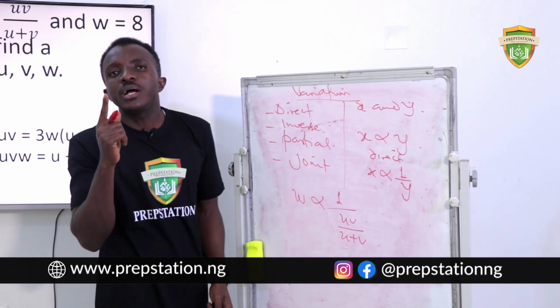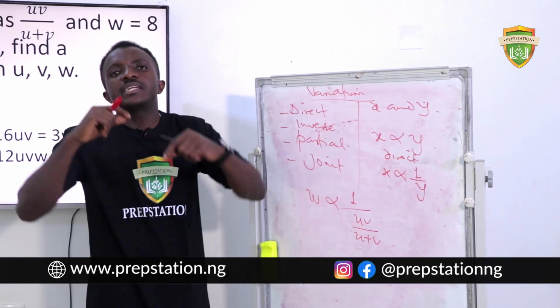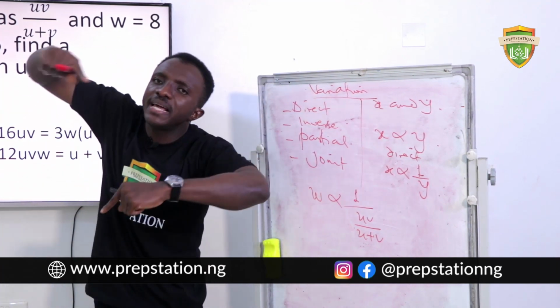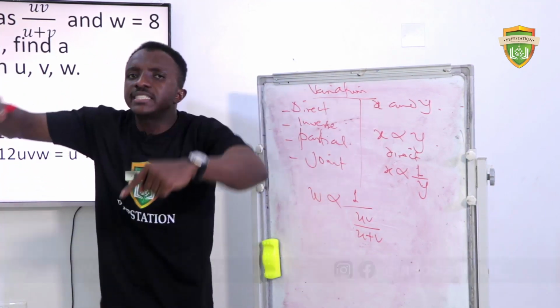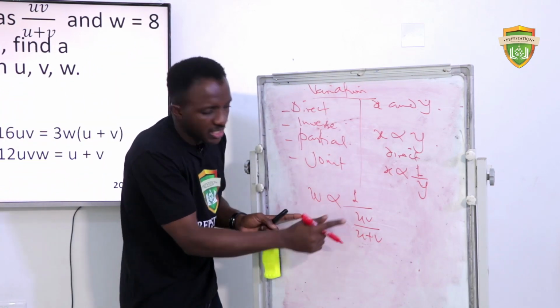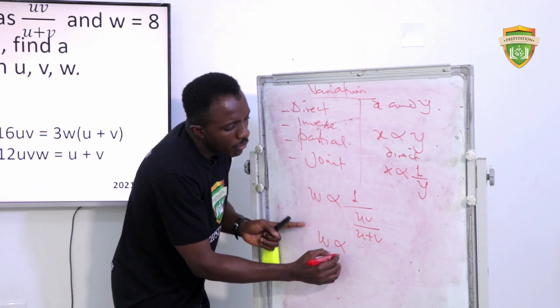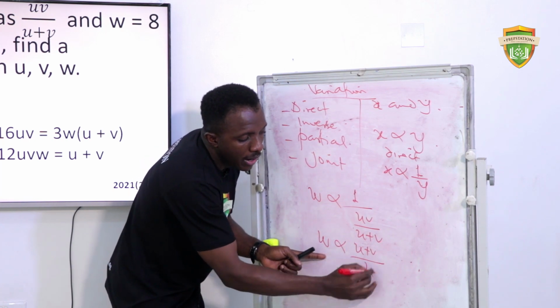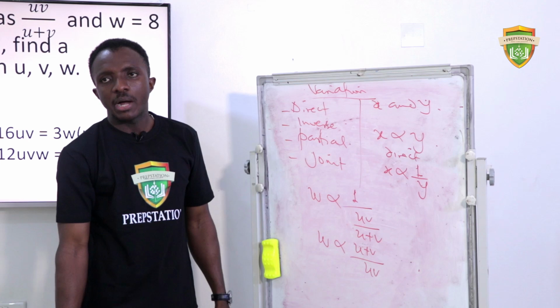So I told you earlier when we dealt with fractions that the reciprocal of the fraction is obtained by changing the places of the numerator and the denominator. So the reciprocal of this will simply be u plus v over uv. Are we okay with that?